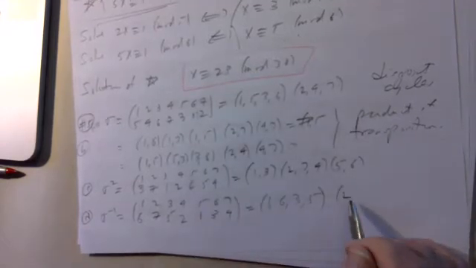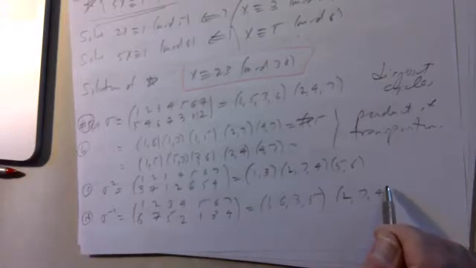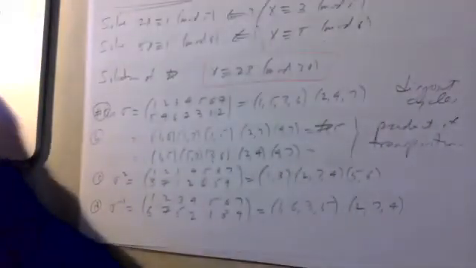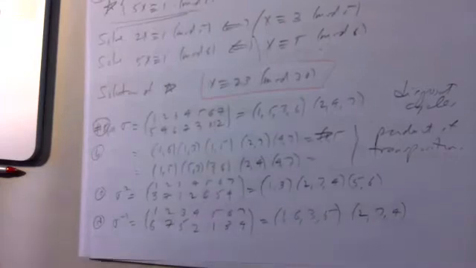Let's see, what about 2? 2 goes to 7, 7 goes to 4, 4 goes back to 2. That's problem 5.